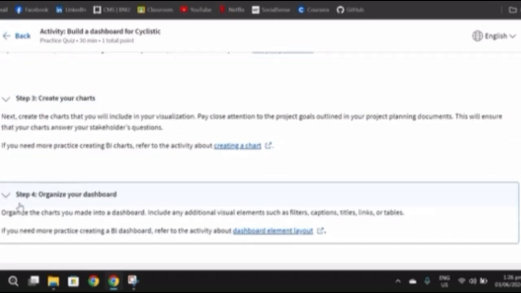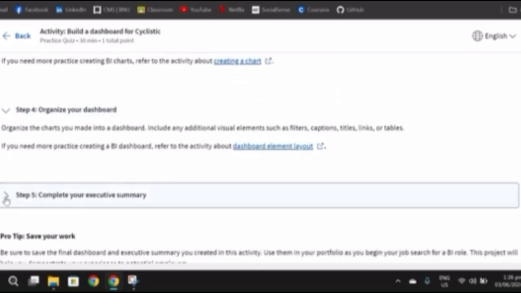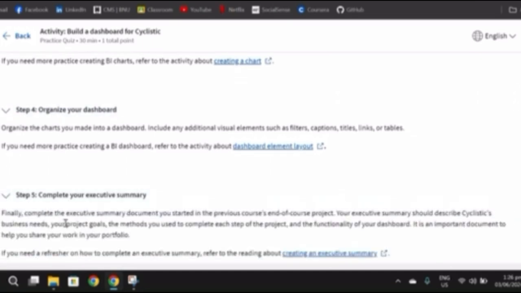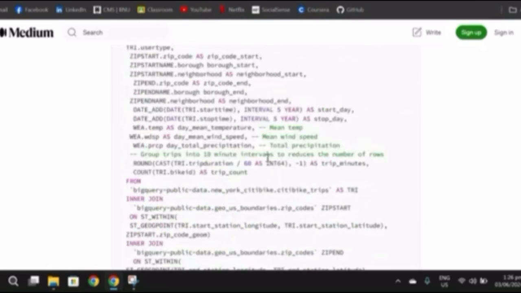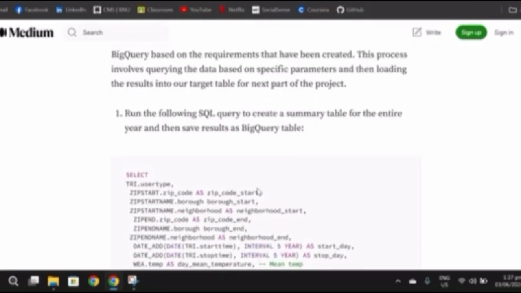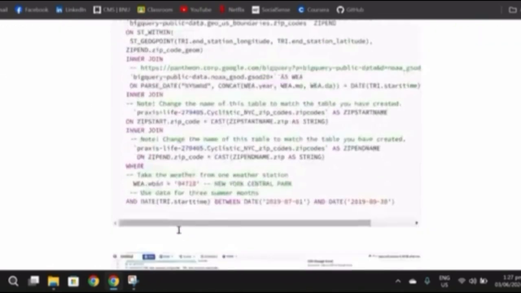Then we had to create a mockup, as discussed earlier in module 1, where we just draw and get approval from the stakeholders, then create charts, and then organize the dashboard according to the mockups and the feedback from the stakeholders. Basically, I lost my access to BigQuery and a bucket, so I'm giving my demo of my project through this article.